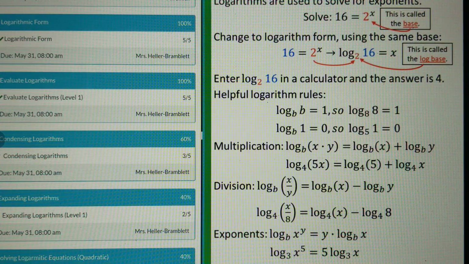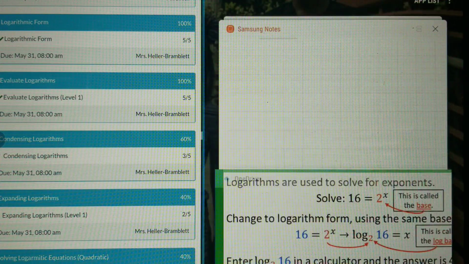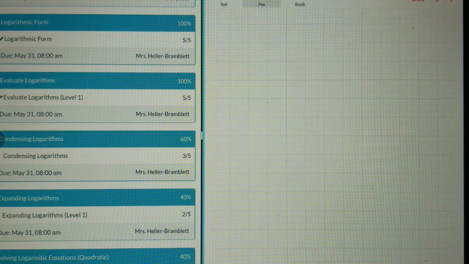There are our super helpful logarithm rules about multiplication, division, and exponents, which we are going to need for condensing and expanding logarithms. I am just going to go through those really briefly up here.